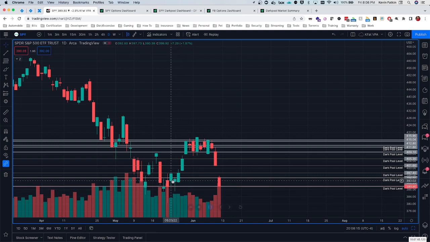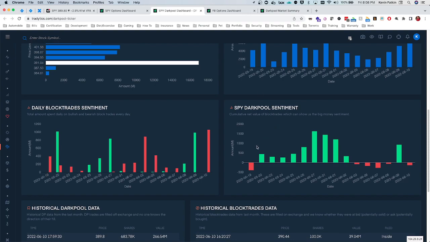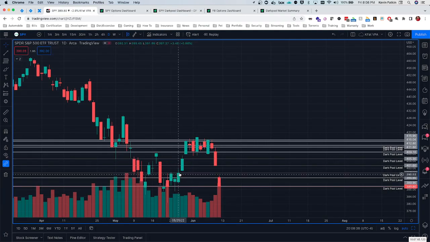It's a little risky until we get a couple green days at least, and of course you don't want to hold it very long. But what's fascinating is that on May 20th, the sentiment prior to this had been bearish, and then we shift green, and the dark pool sentiment kept shifting bullish and kept getting greener and greener every day, and sure enough, we were moving up and moving up.